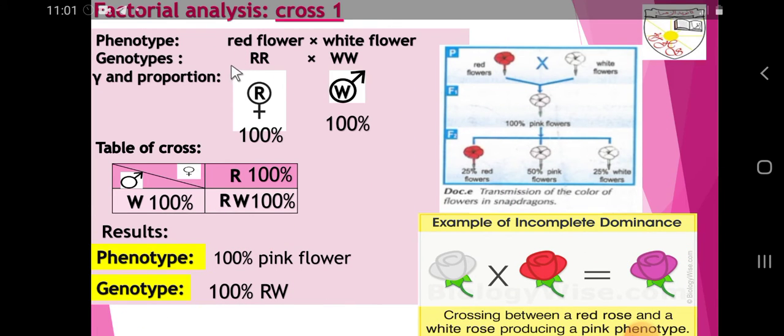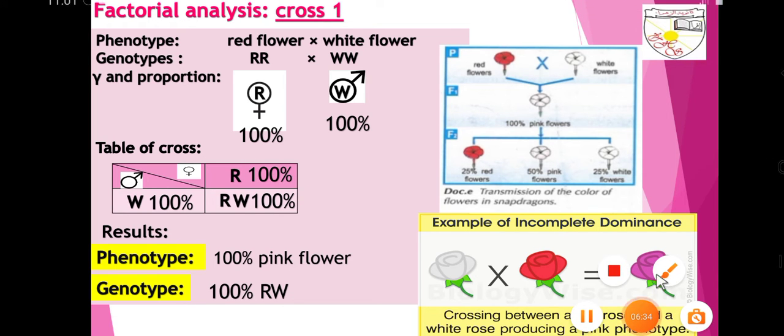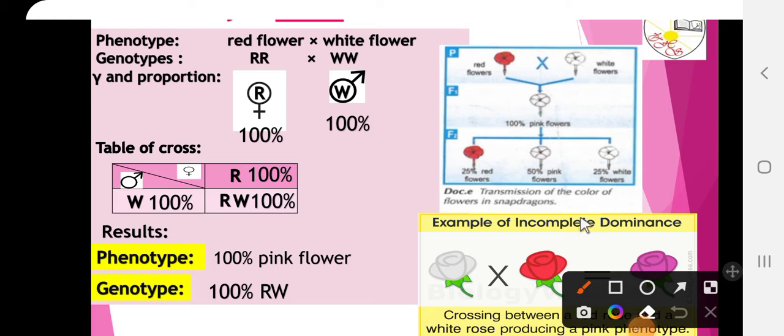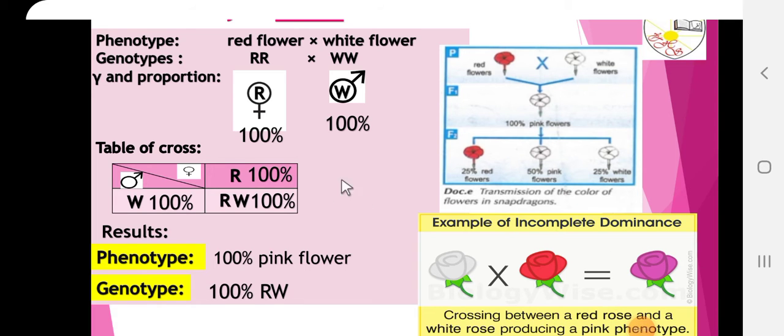Now we're going to make a factorial analysis regarding this cross. First of all, the phenotype of the parents: a red flower crossed with a white flower. Genotype: the red flower is RR, the white flower is WW. Gametes and proportion: the red flower gives 100% gametes that contain the R allele, and the white flower gives 100% gametes that contain the W allele.